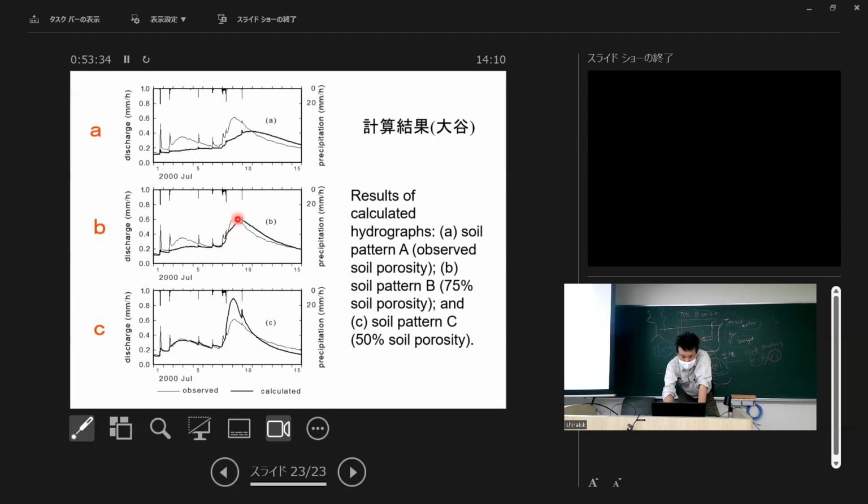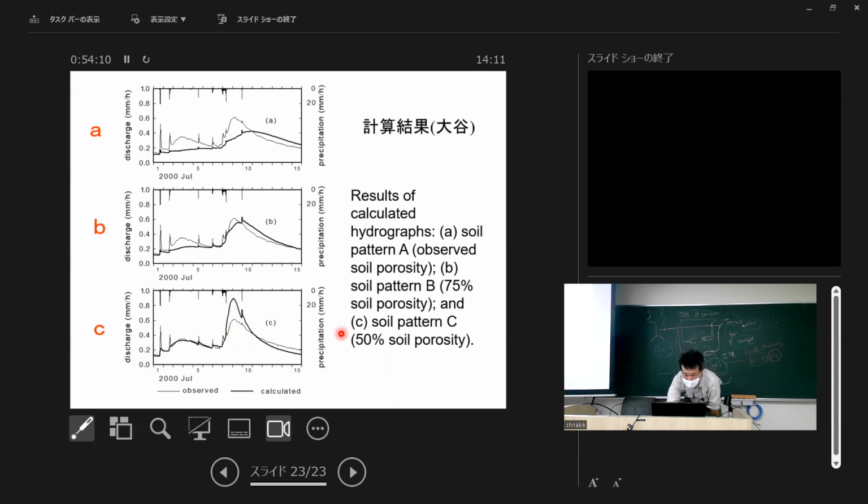With the three-dimensional numerical simulation, I can show this thick black line. Number C is a little bit better simulation, but the secondary peak is different.